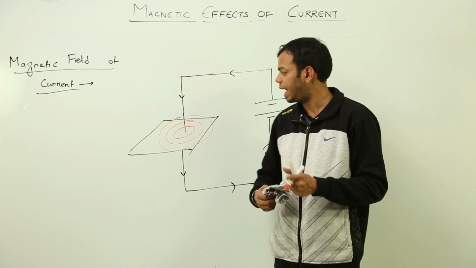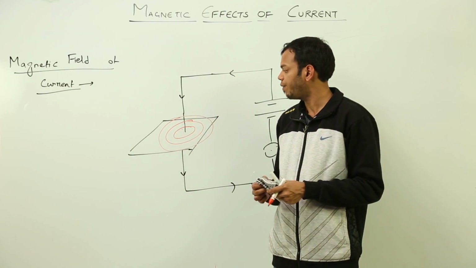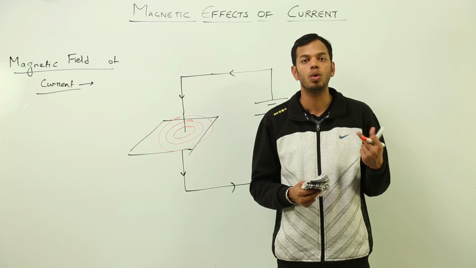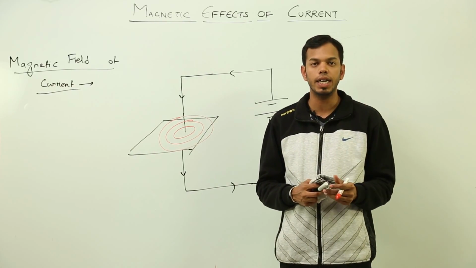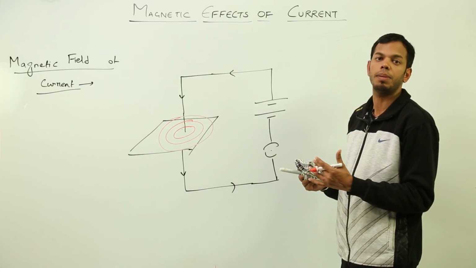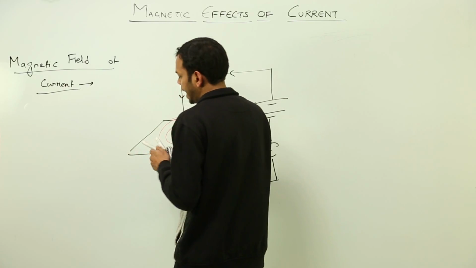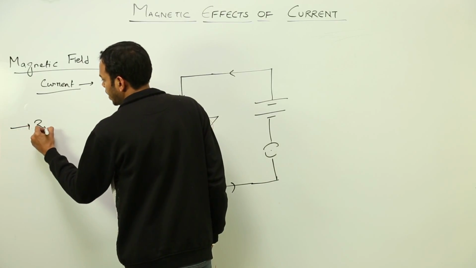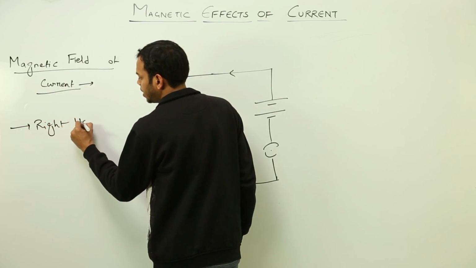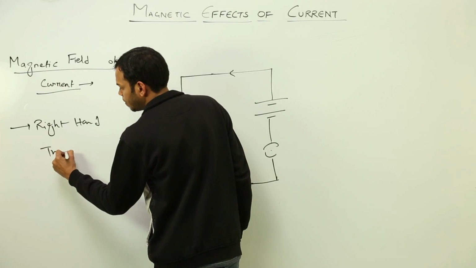Now if we have to find or simplify a rule to obtain the direction of the magnetic field and to represent it somehow, we explain it by a rule called the right hand thumb rule.